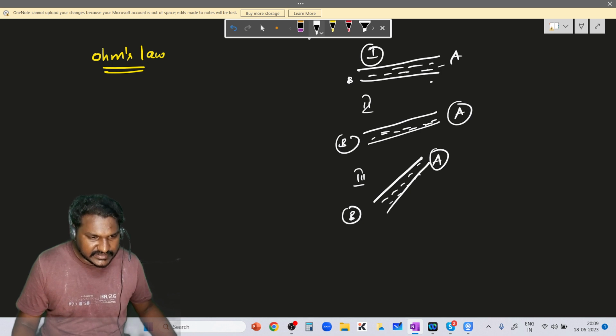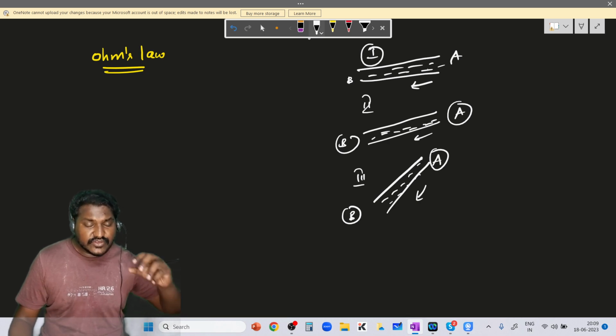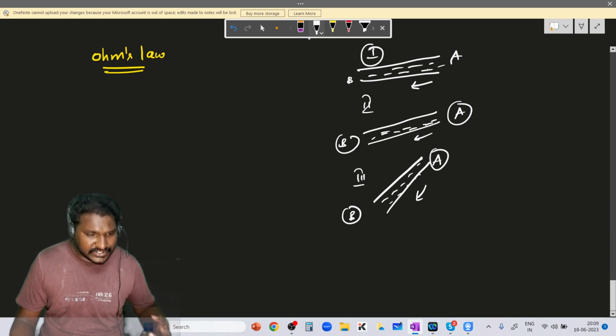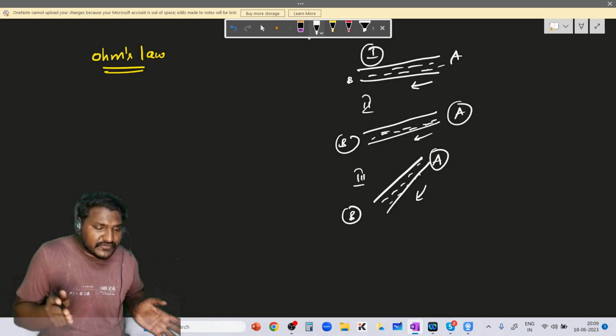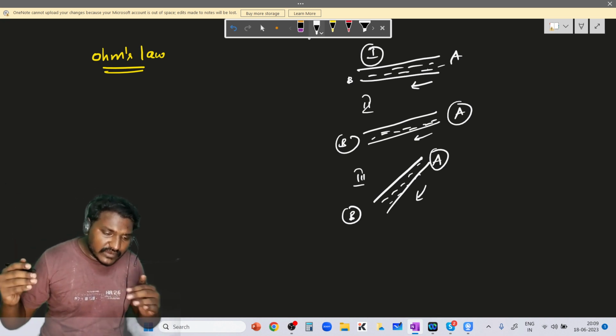In each case it flows in this downward direction. When you look at points A and B, point A is at a higher level and point B is at a lower level. That difference causes a difference in potential energy. Because there is more difference in case 3, more water will flow.